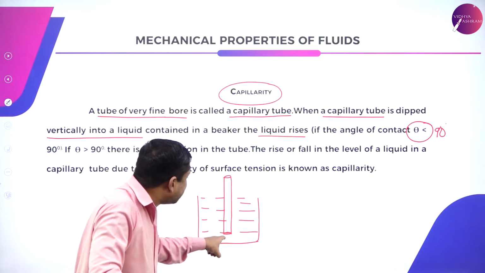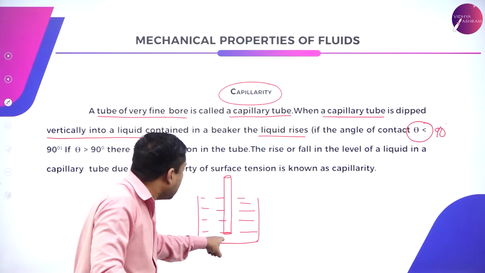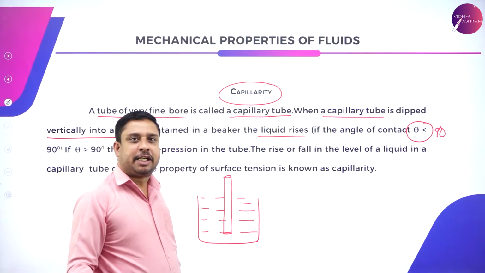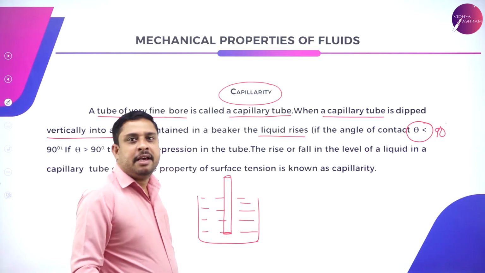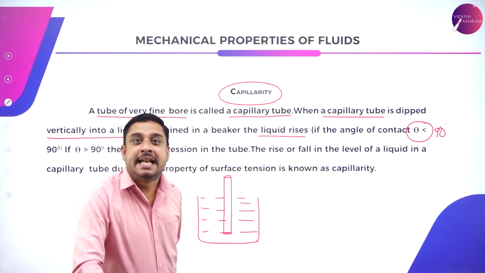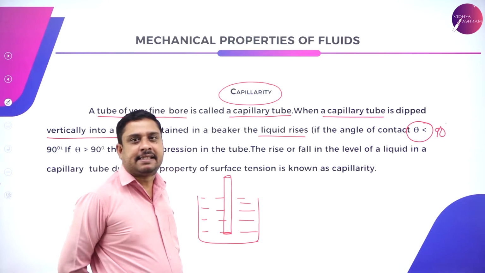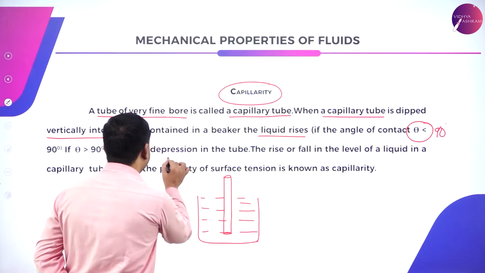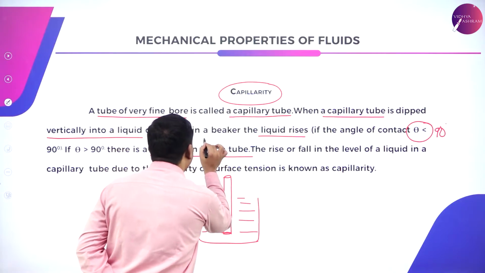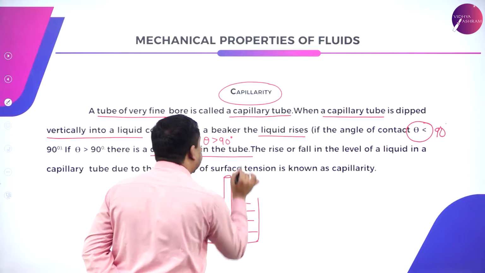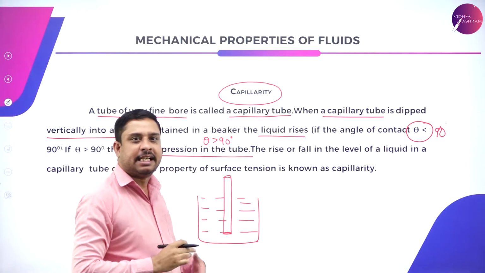So there will be a sudden rise of liquid in this capillary tube if the angle of contact is less than 90 degrees. And there will be a sudden dip if the angle of contact is greater than 90 degrees.